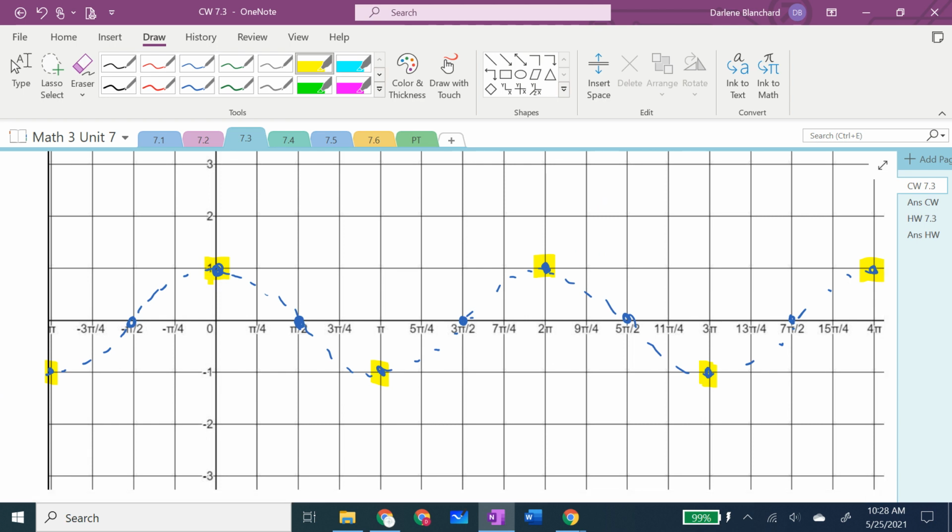But now I want to talk about some of the other numbers, because we want to notice that those are the highest and lowest y values for cosine. All the other y values of the graph as I'm going along, all those other y values are in between -1 and +1.